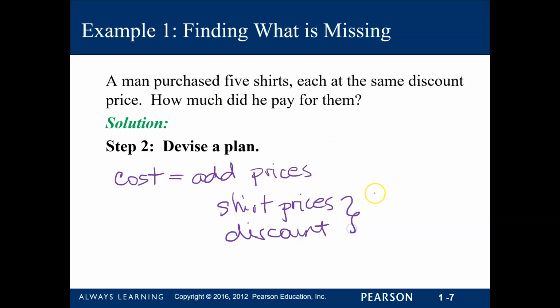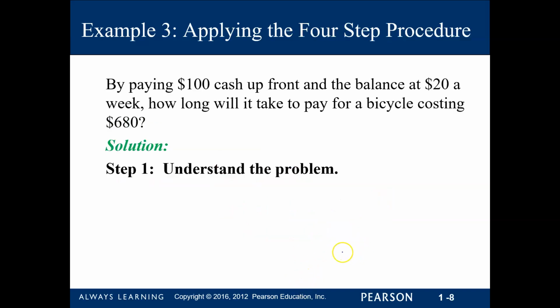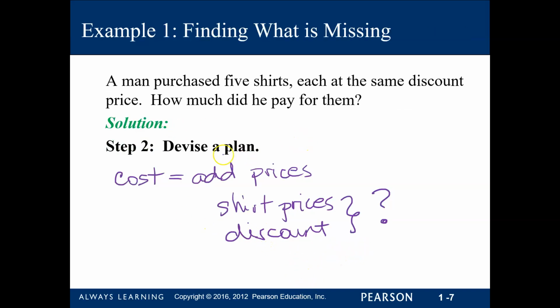Well, we do not know. They are missing. So can we solve this problem? We cannot move on to the next step because we have missing information. That is why it is important to always go through the 4 steps. As you can see here, there's no need for you to do any solution, because the information is not complete to find an answer.